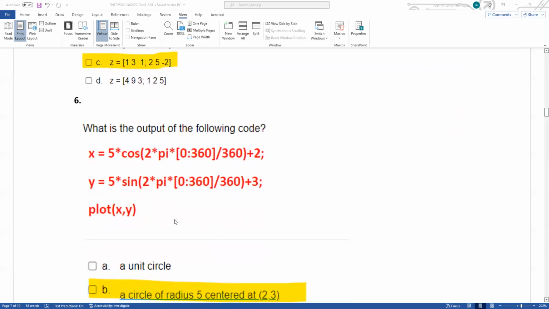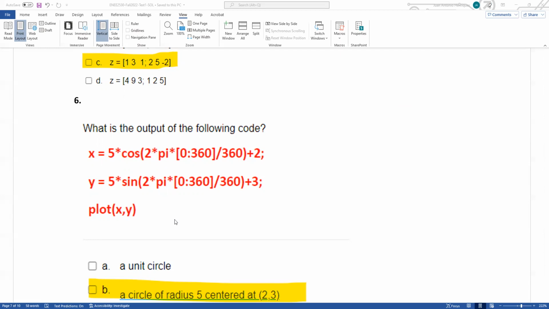The next one says, what is the output of this code? Well, I guess the key to this problem is to realize or remember from your mathematical courses that when you plot a circle, each component in x represents the cosine of a angle, and each element in y represents the sine of an angle, right?